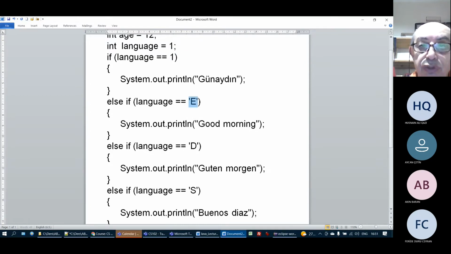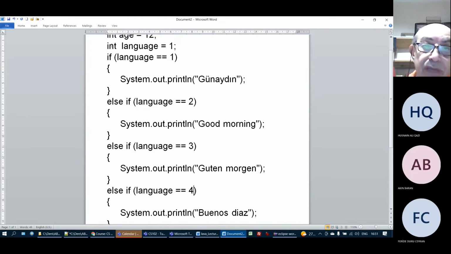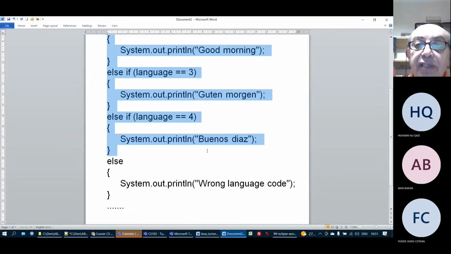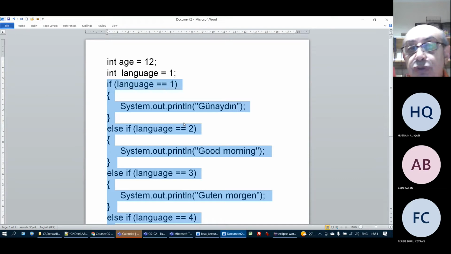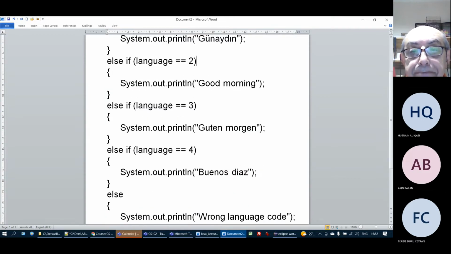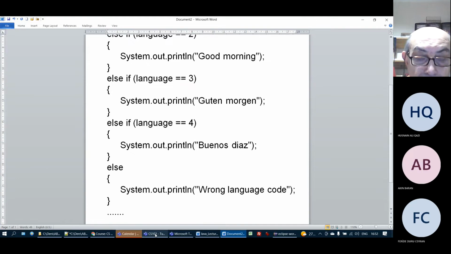If language code is 2, it is English. If language code is 3, it is German. If language code is 4, it is Spanish, for example. So we can have this kind of nested if statements which compare against specific values, either character or integer or whatever. Is this understood? I hope this is understood.